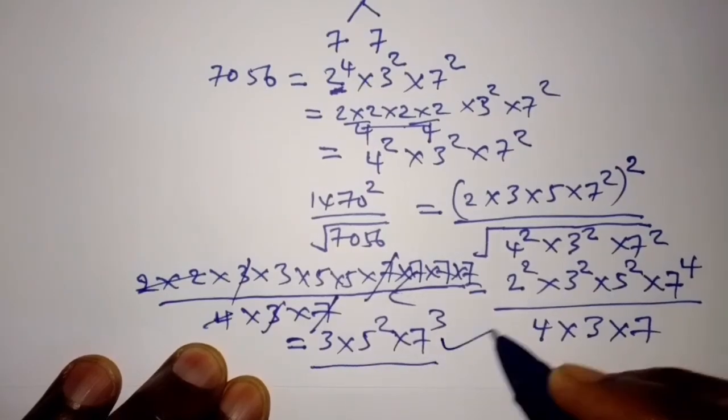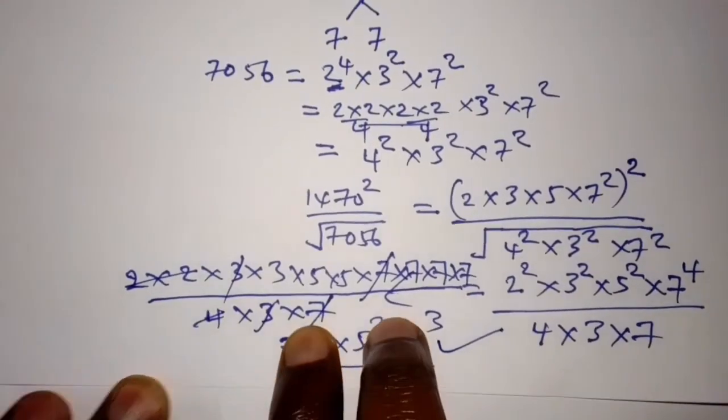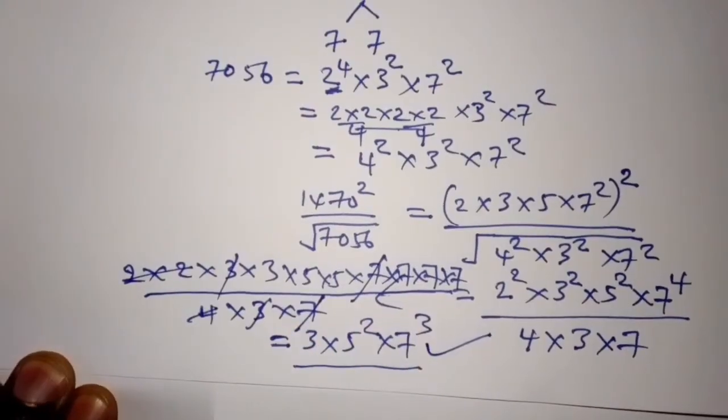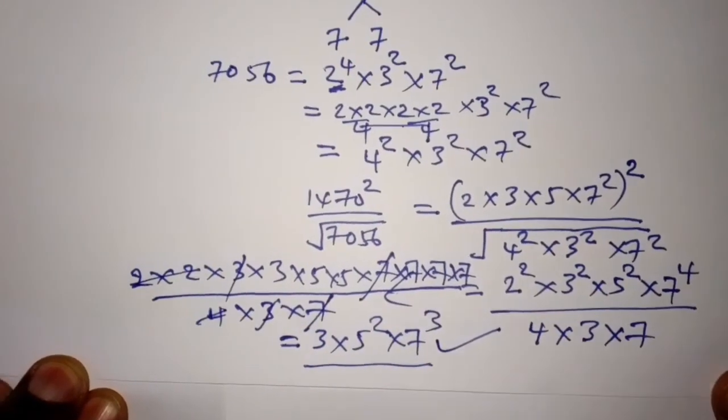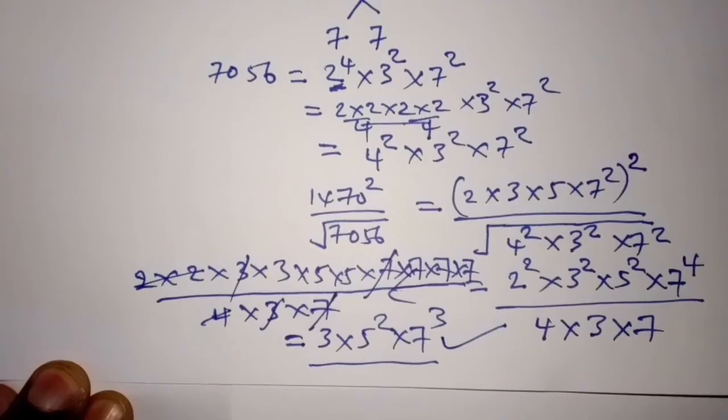So this is our final answer: 3 times 5 power 2 times 7 power 3.